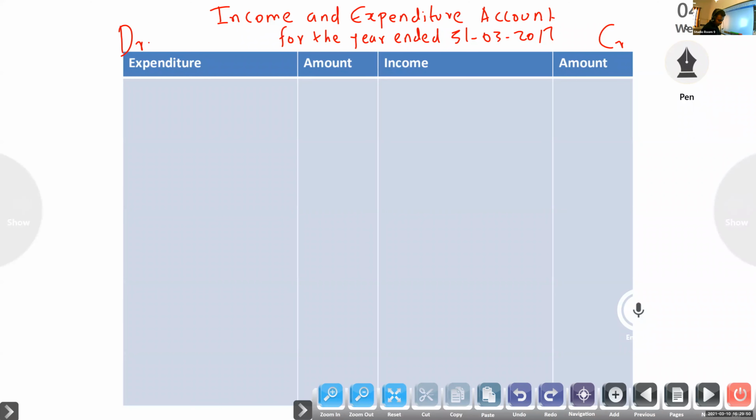Then salary paid included 6,000 for last year. This year, outstanding salary at the end is 1,200.